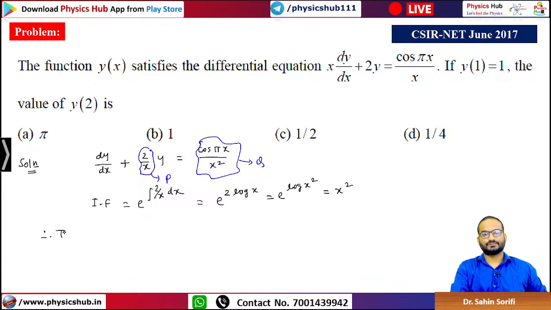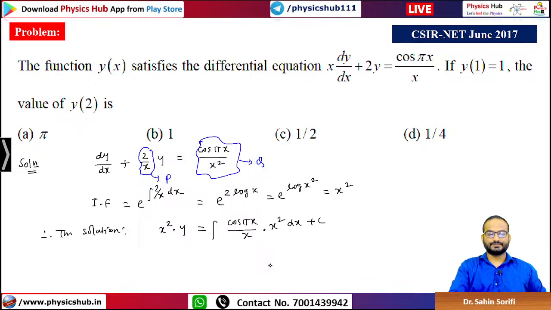Therefore the solution: integrating factor into y equals integration q of x into integrating factor dx plus c. What answer are you getting, guys?